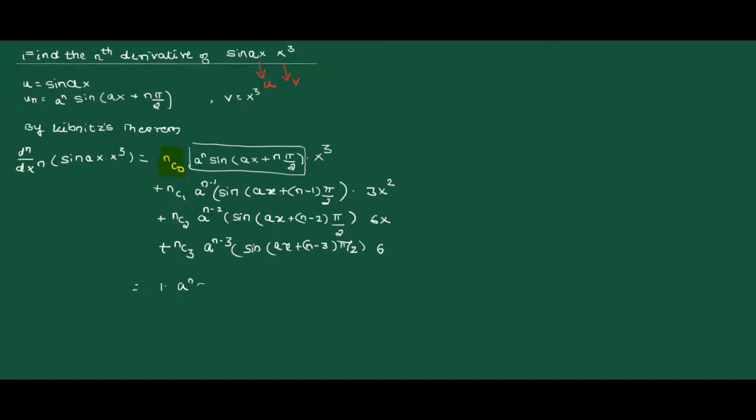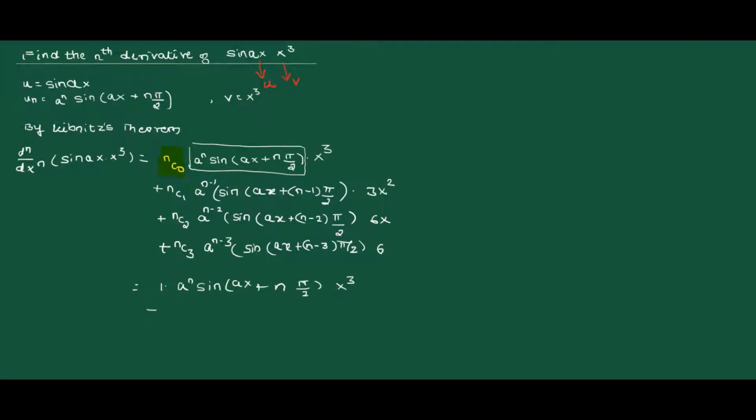A raised to n sin into bracket ax plus n pi by 2, sorry, this is n only, into x cube. This is the first term.